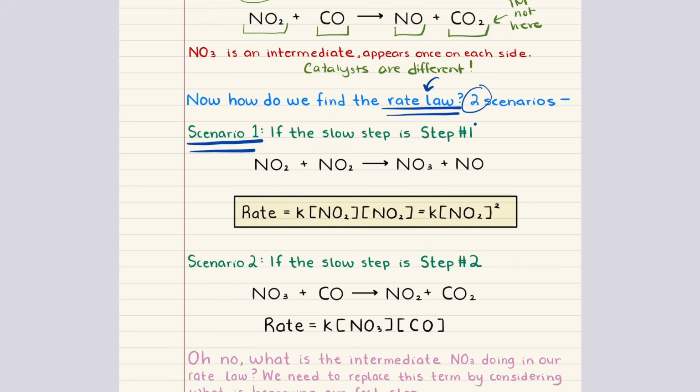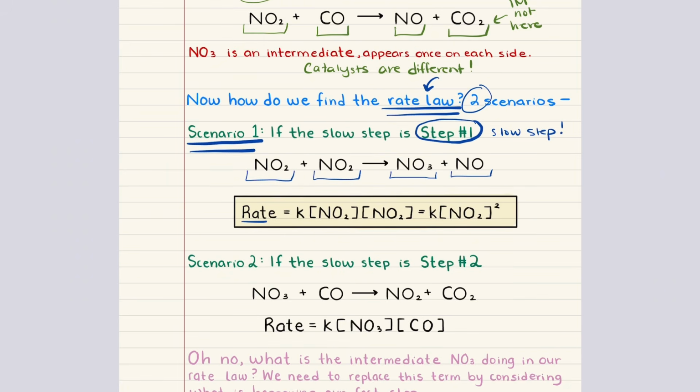In the first scenario, let's say that step one is the slow step. If that is the case, how do we write the rate law for this reaction if step one is the rate determining step? Well, step one shows two molecules of nitrogen dioxide combining to form nitrogen trioxide and nitrogen monoxide.